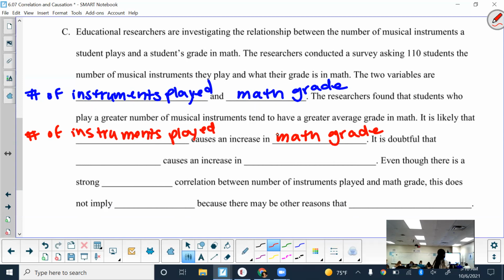Like, do all the kids that have high grades in math play an instrument or play more than one instrument? No. So it is doubtful that math grade causes an increase in number of instruments played.